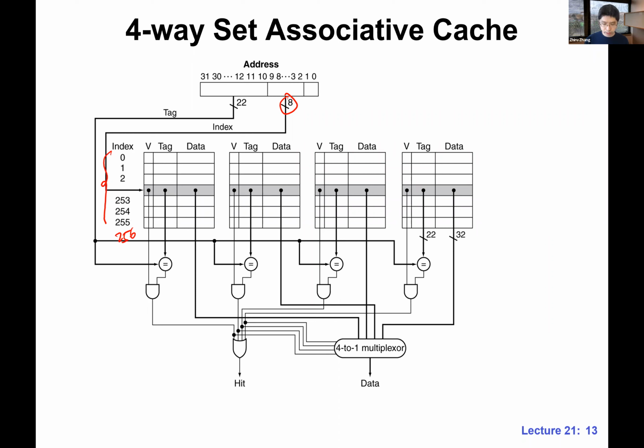We have 4 ways per set: way 0, 1, 2, 3. So how many cache blocks do we have in total? 4 times 256, which is 1024. Very good. Again, 256 sets and 1024 blocks in total. Any questions so far?